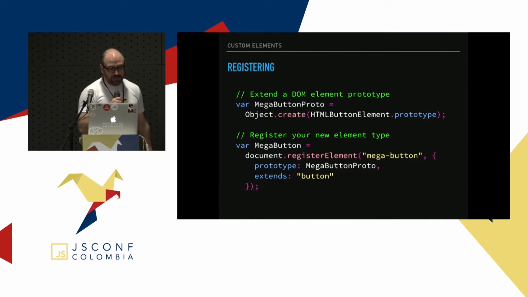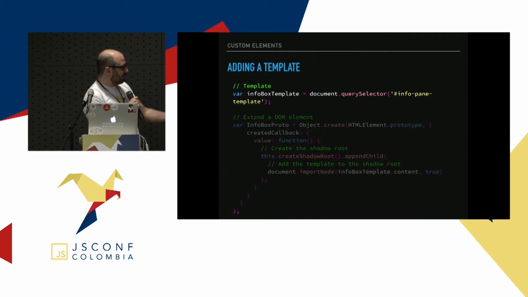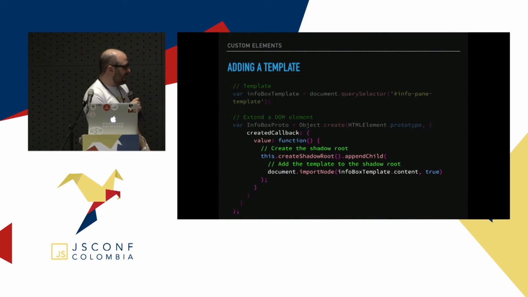So to make this more interesting, I'm going to add a little more complexity here, and we're going to use our HTML template. I just want you to focus on this first, where we're grabbing our template, just like we were before. We're just using query selector, grabbing something from this template. And then here, we're going to create a shadow root, and to the shadow root, we're going to append something, and that's just going to be document import node and then our template.